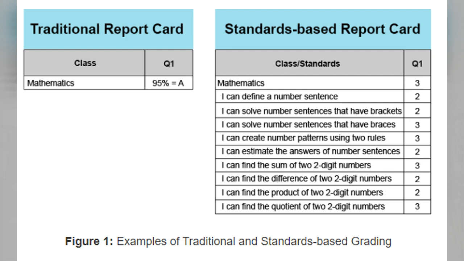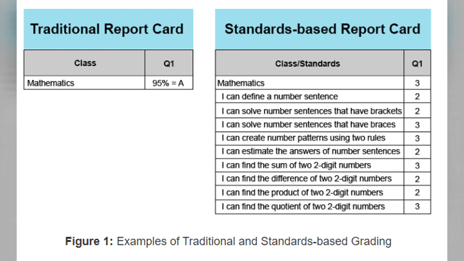If we look at this one right here, for math it lists math and has a specific grade, but then it also breaks down: I can define a number sentence. I can solve number sentences that have brackets. And, for example, I can find a sum of 2-digit numbers.